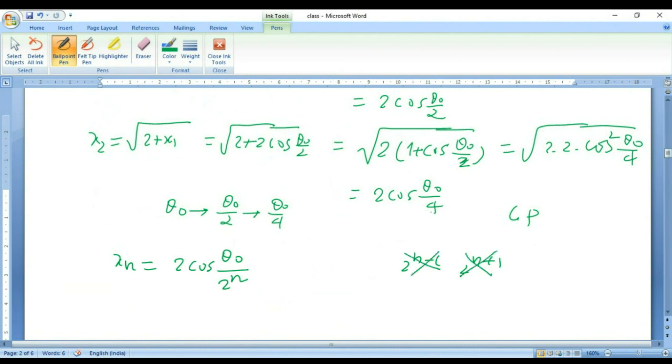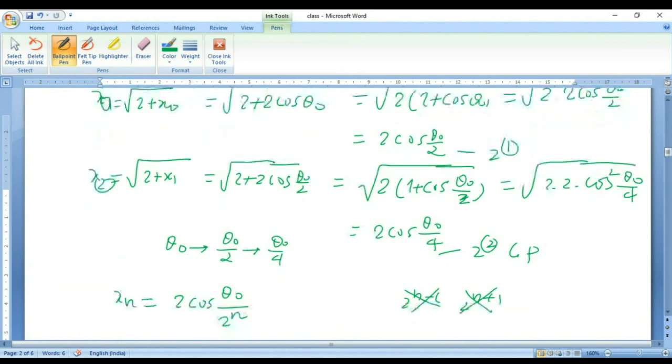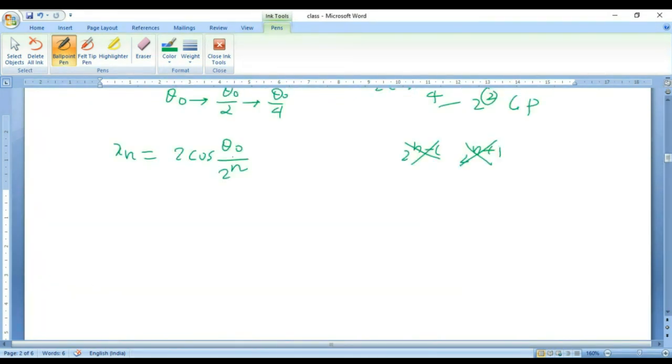A simple check tells you, you write 4 as 2 squared, 2 as 2 to the 1, and so you match. This 2 and this 2 are matching. Similarly, this 1 and this 1 do match. So in fact, we have got x of n. X of n is 2 times cos of theta naught over 2 to the power n. That is your xn. Now we are all set for our final answer.